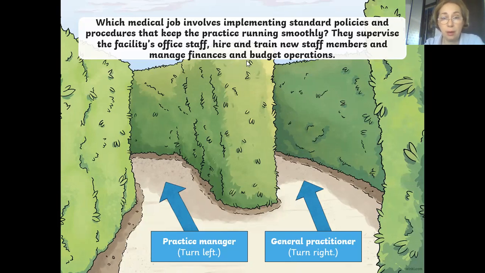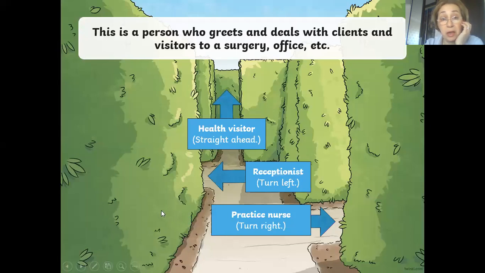So, yes, Amar, what do you choose? I guess it's practice manager. Okay, let's check it. Practice manager, we should turn left. What happens if we turn left? Yes, you're right. Okay, the next question.